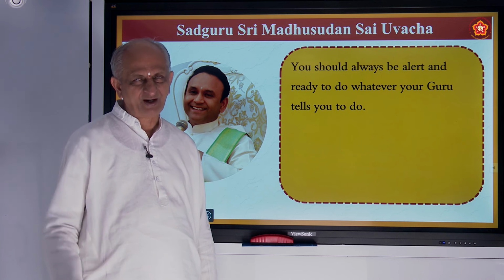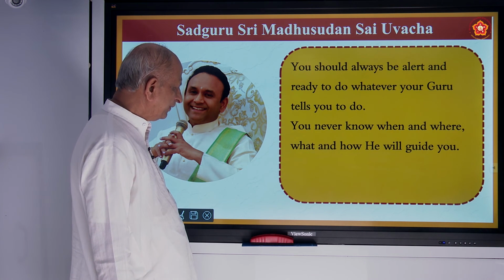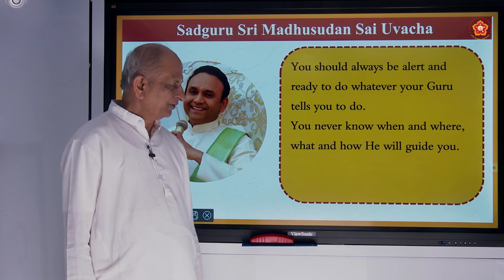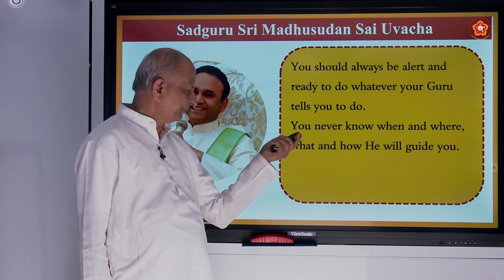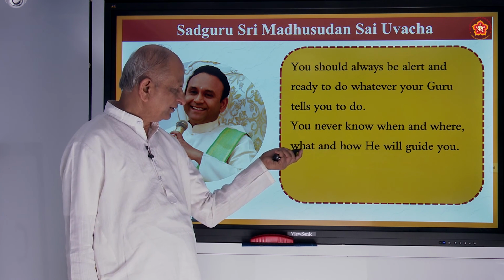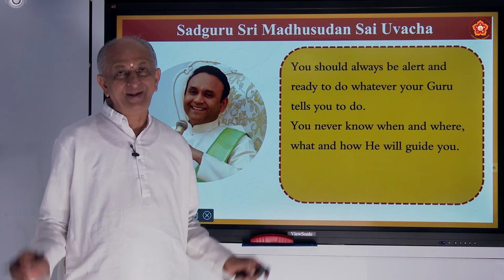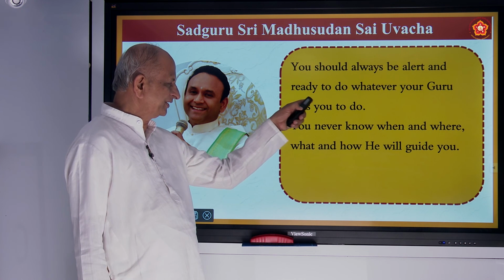Karishye vachanam tava. Okay? You never know when and where and what and how he will guide you. When does he guide you? Where? What and how he will guide you, don't know. Be ready. So first one is Karishye vachanam tava.